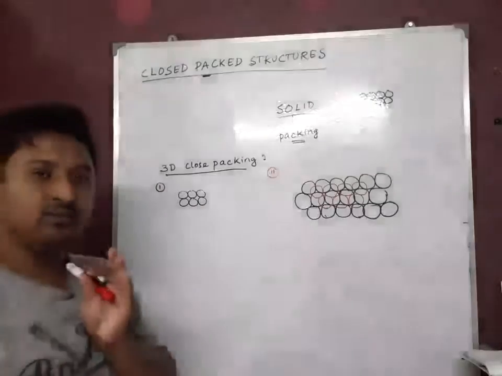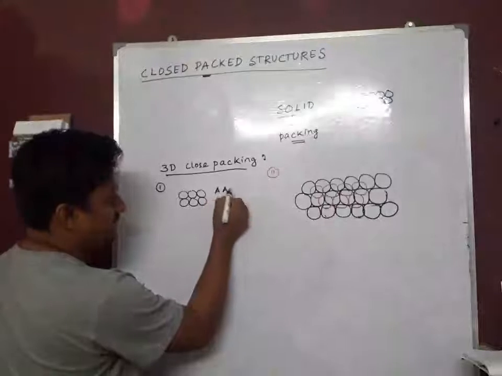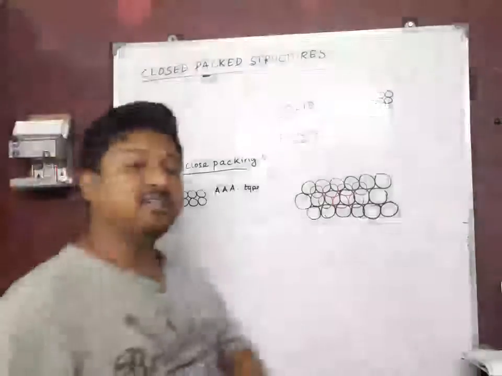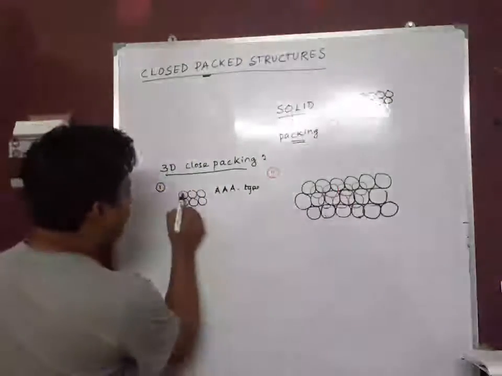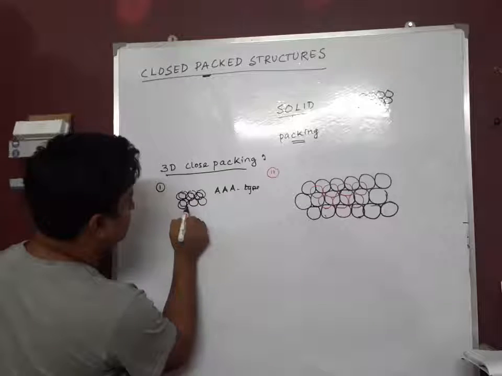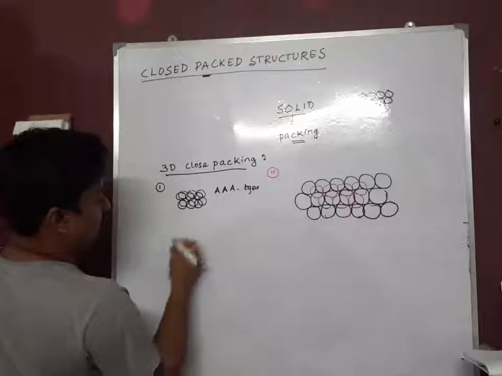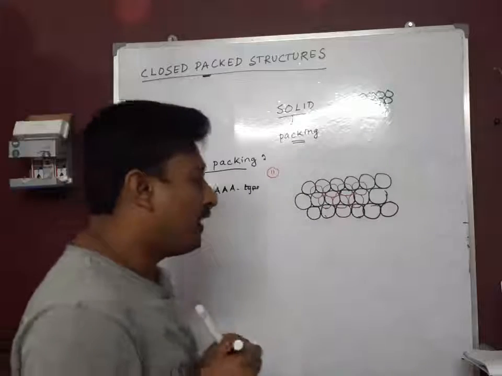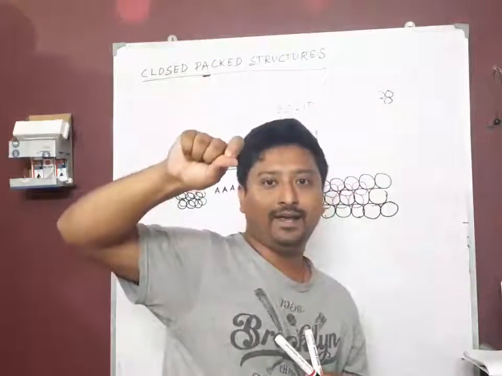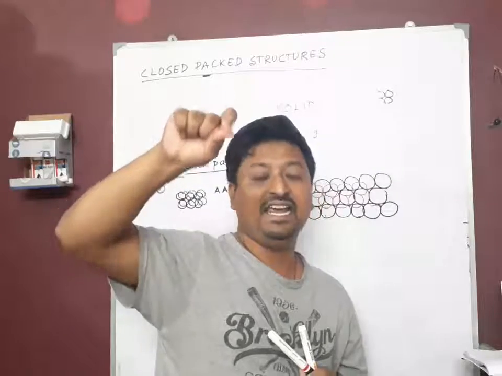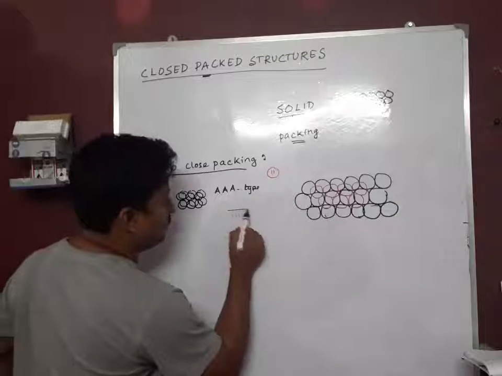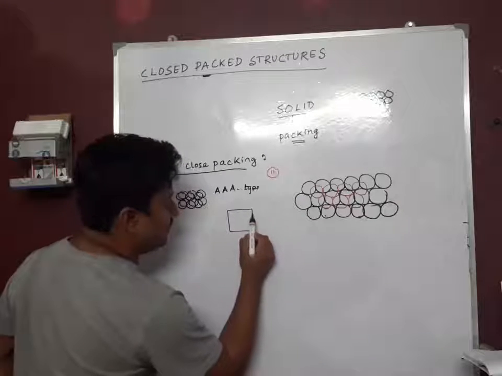So in case of 3D also, this is A type, right? A type. So in case of three-dimensional, what will happen? Same, just above this, another layer, right? So one void will be surrounded by eight particles, eight atoms. So it's like this. You can say the cubic, if I consider the example, cubic.